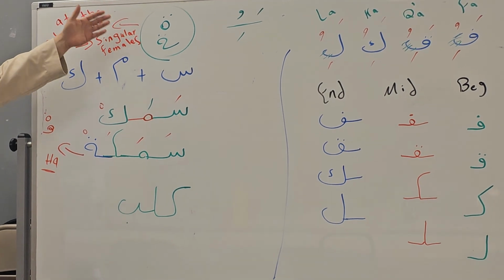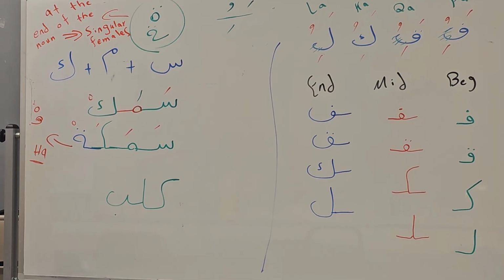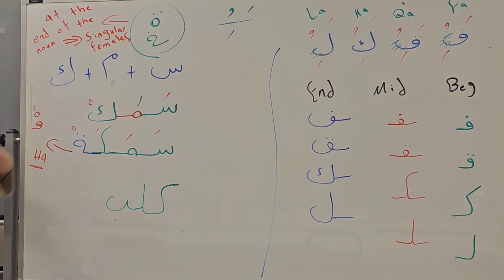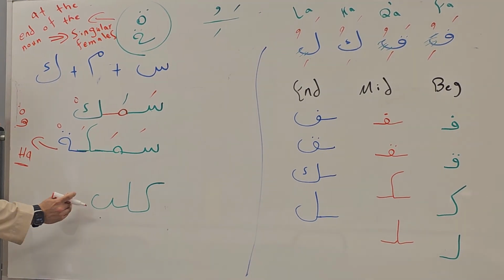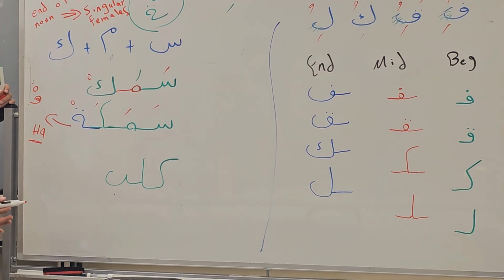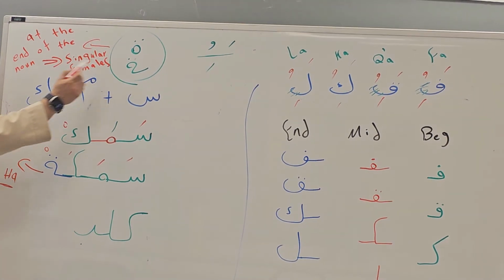Add one of those, the ta marbuta. We call it ta marbuta. When you add it to the noun, it's going to change it into female. So now the ba is not at the end anymore, right? It's in the middle. You're going to cut the tail, right? And then we're going to add.